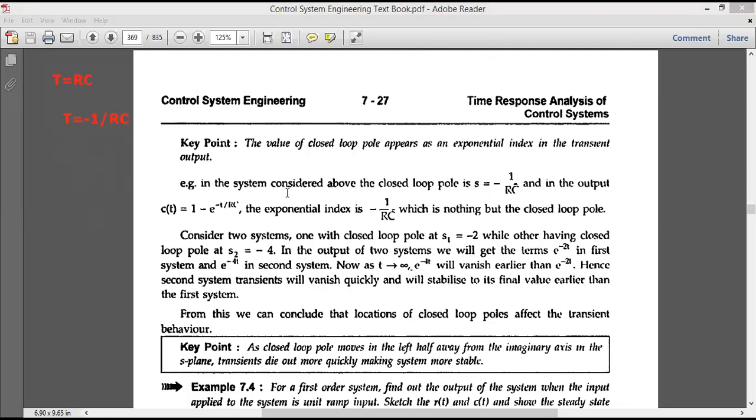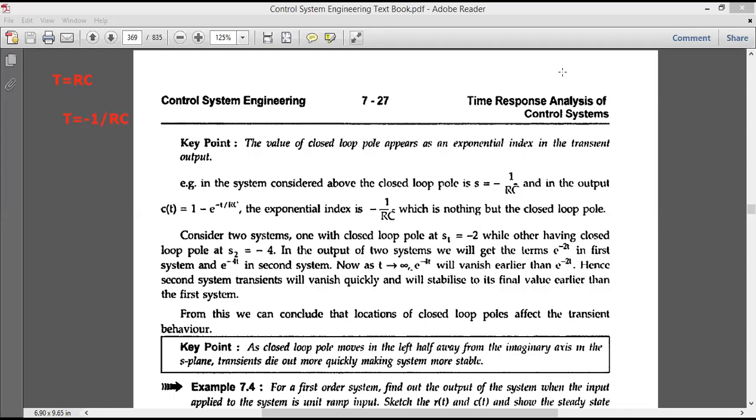Therefore, considering the system we have discussed, the pole is at S equal to minus 1 divided by RC, and the output for that system is C of t equal to 1 minus e raised to minus t divided by RC for the above electrical network.